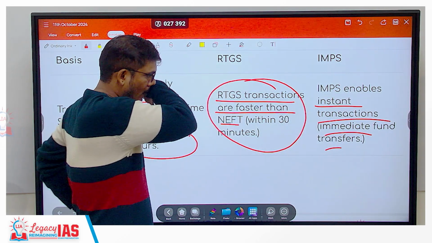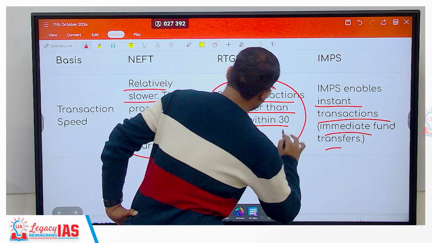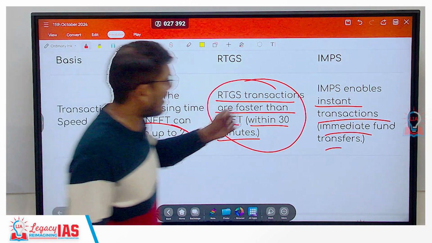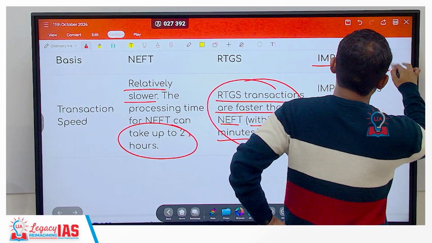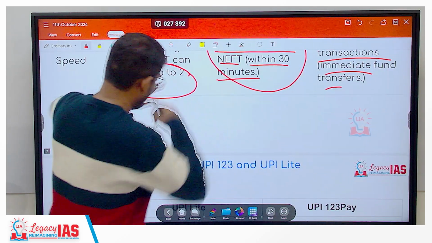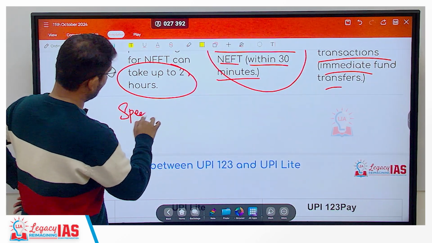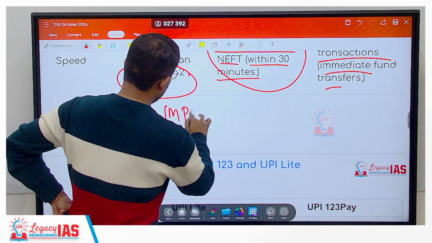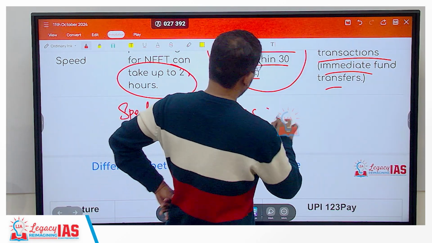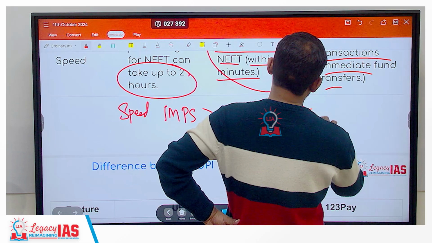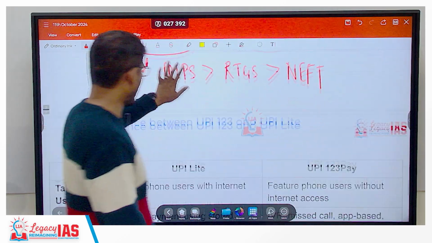More than 2 lakh amount and all is there, but within 30 minutes it will be done. And when it comes to IMPS, this is instant, immediate. So if you talk about the speed, IMPS is faster than RTGS, faster than NEFT. I hope that's absolutely clear.